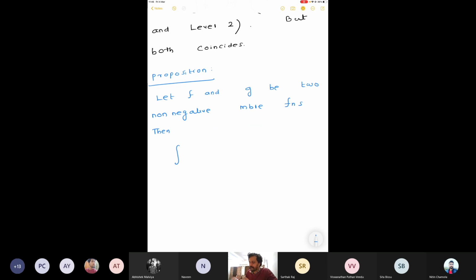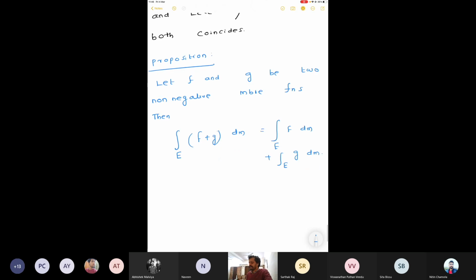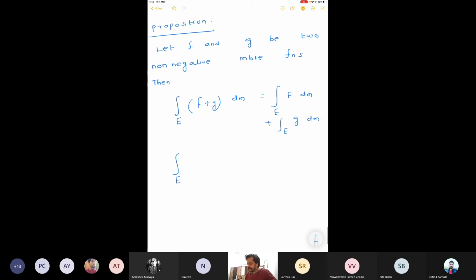I don't know whether f and g are bounded, but the integral over E of f plus g dm will be equal to the integral over E of f dm plus the integral over E of g dm. Similarly, the integral over E of cf dm will be equal to c times the integral of f dm for all c greater than 0, because now we are integrating only non-negative functions.